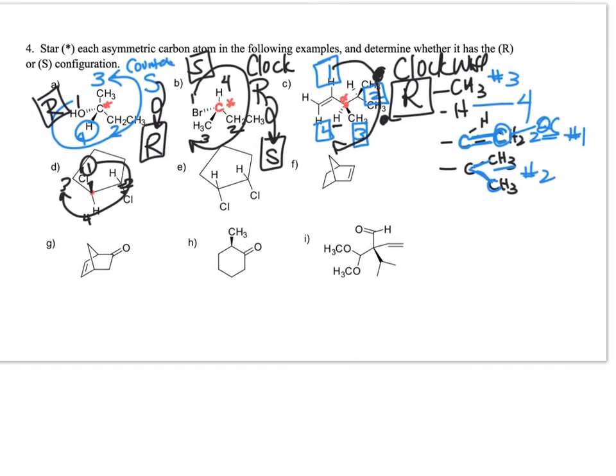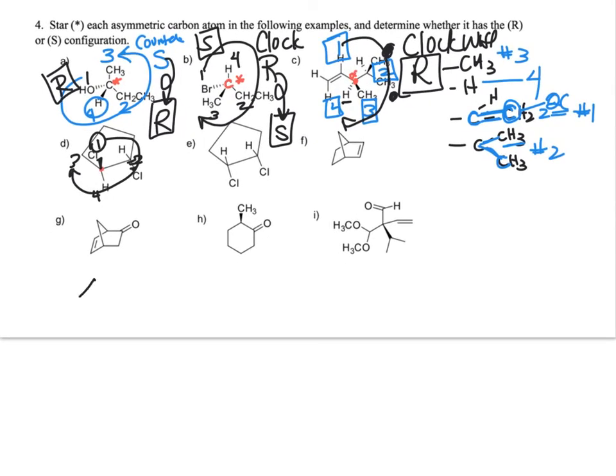Okay, to assign R and S for this one, let's redraw it. And like I said, we're going to have to assign one of these coming at you and one of these going back. So when we do this, hydrogen is 4, chlorine is 1, and then this would be 2, and this would be 3.